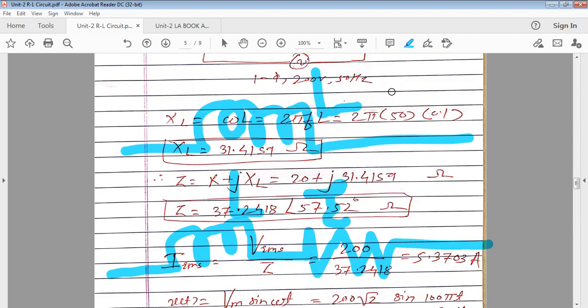But if we are going to neglect the resistance, then the first one is the case. If in the numerical it is specified, then the second case. So you have to identify which case is given: either purely inductive, or whether that coil has some internal resistance.